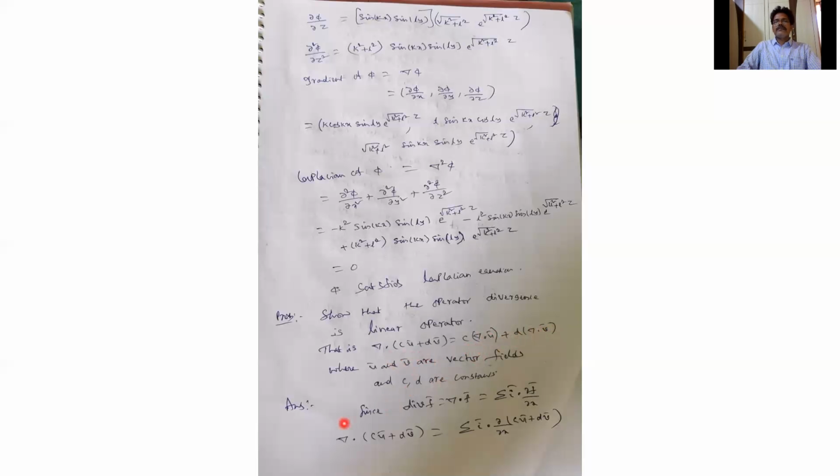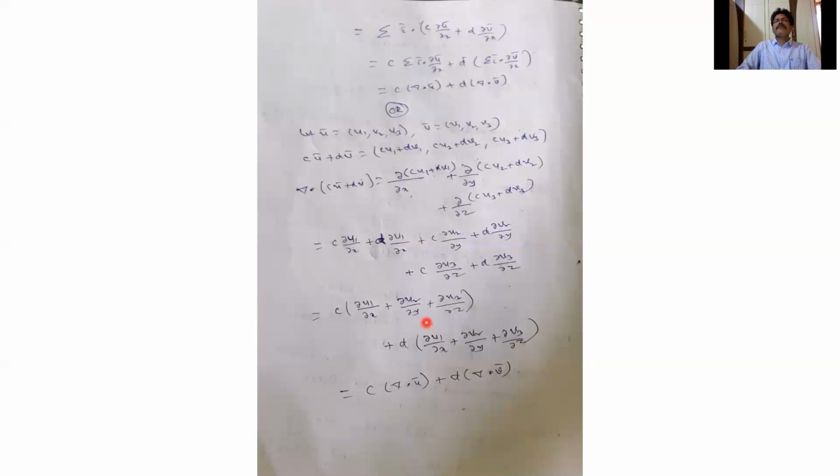It is simple. By the second definition, divergence of f is del dot f equals sigma i dot ∂f/∂x. Now for del dot (cu + dv), in place of f here, cu + dv is there. We write i dot ∂/∂x of (cu + dv). By derivatives, since c and d are constants, we can write c ∂u/∂x plus d ∂v/∂x. Because c and d are constants, we can write them outside: c into sigma i dot ∂u/∂x, d into sigma i dot ∂v/∂x.